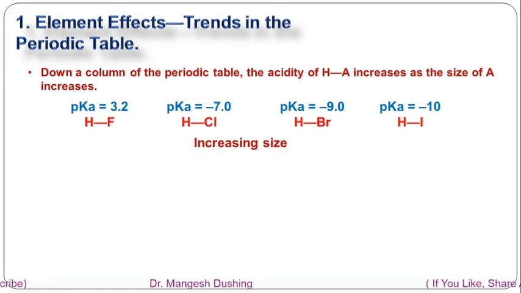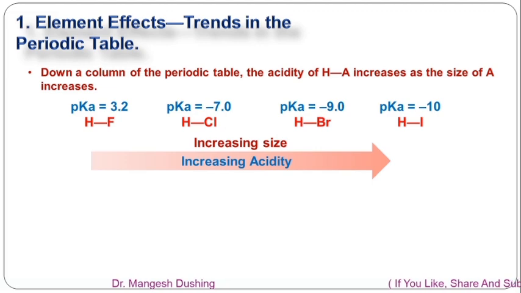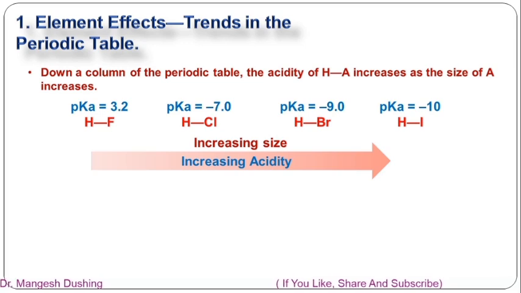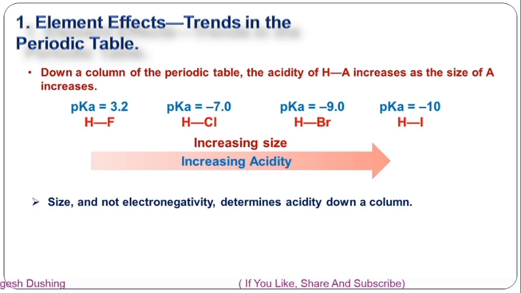So this is the increasing order of size and increasing acidity. In a row from left to right, acidity increases, while in a column from top to bottom, acidity also increases. So size, not electronegativity, determines the acidity down a column.